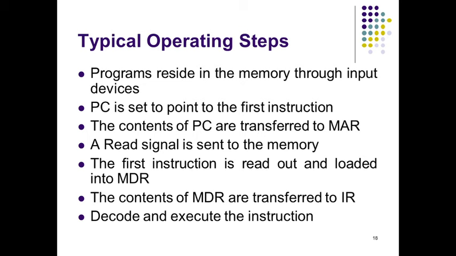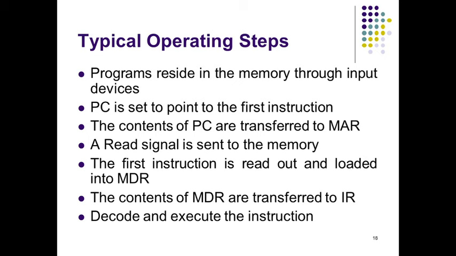Now consider some typical operating steps. The program, which resides in the memory, usually gets there through the input unit. The execution of the program starts when the PC is set to the first instruction of the program. The contents of the PC are transferred to the MAR and a read control signal is sent to the memory.